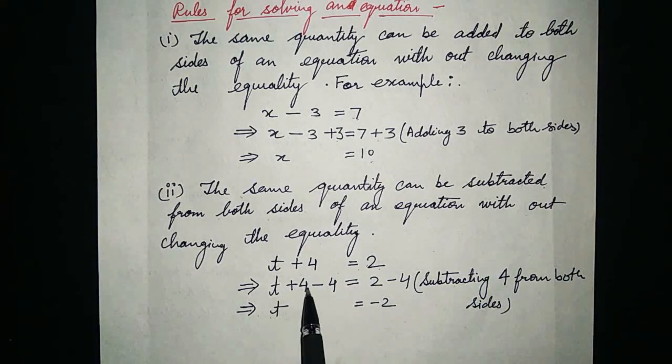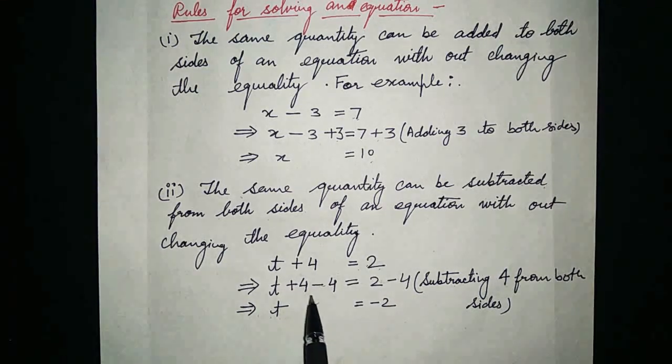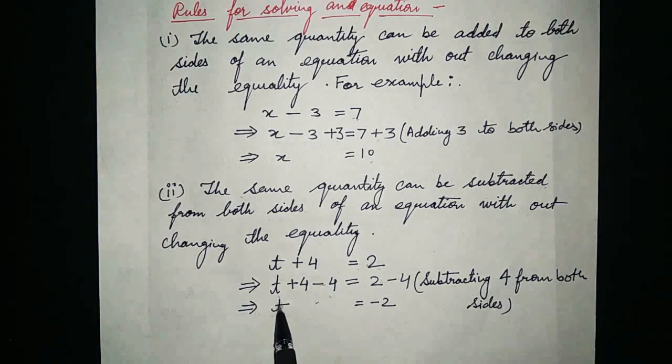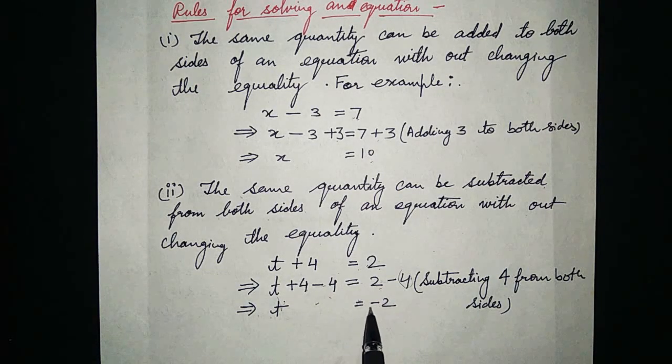Here you can see minus 4, and on the other side also I have written minus 4. Plus 4 minus 4, what will come? 0. It is no need to write. So t is equal to, if you subtract 4 from 2, what will you get? You will get minus 2.